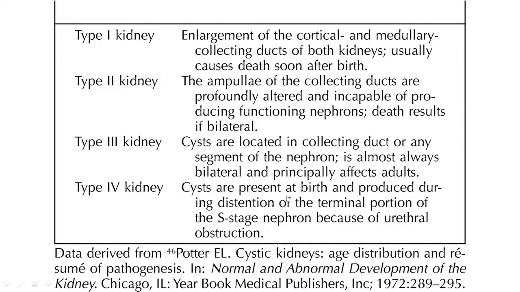And type 4 they are present at birth, produced during distension of terminal portion of S stage nephron because of urethral obstruction. So, once urethra is being obstructed, then kidney is becoming cystically dilated. Fair enough?